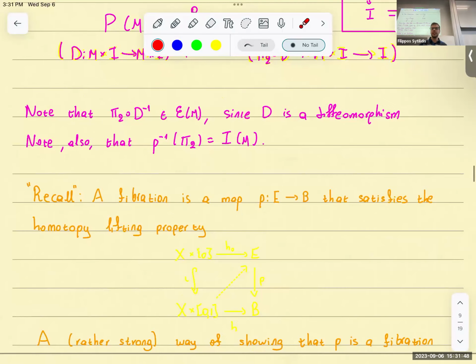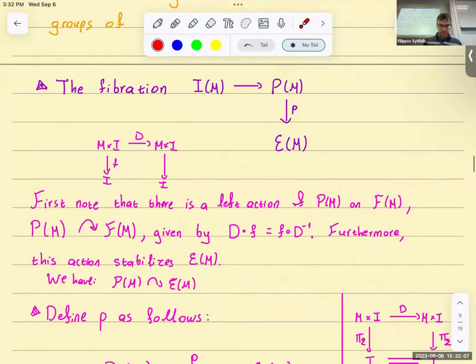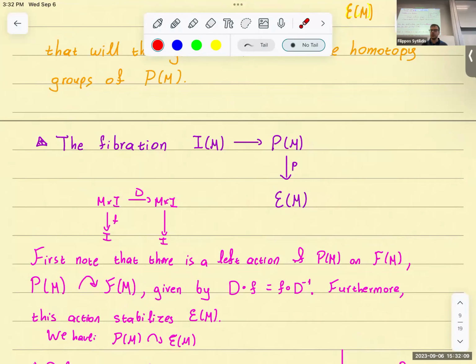How are people feeling? Okay. Now we're slowly getting into a bit of technical territory, but what I want is, I said that I want to somehow use the homotopy groups of these guys to gain information about the homotopy group of the pseudo-isotopy group.